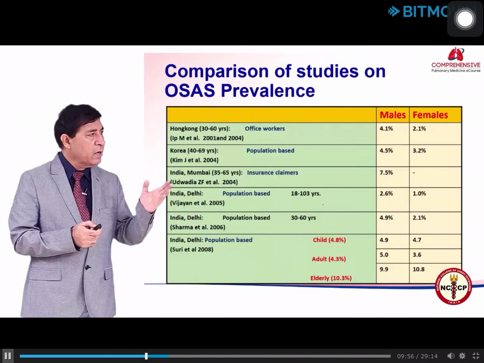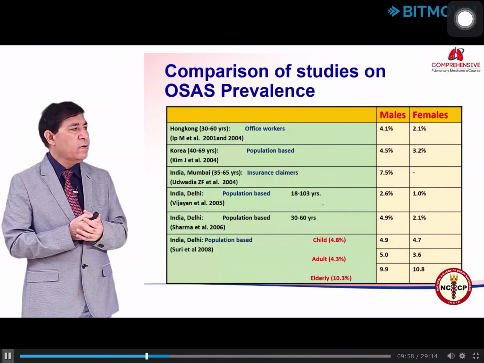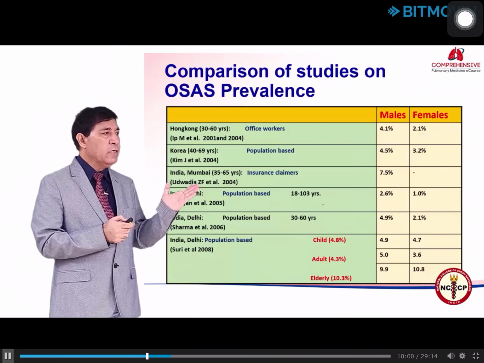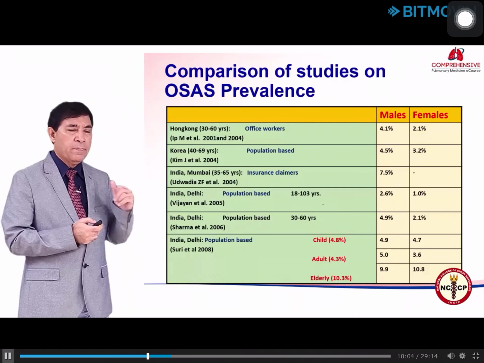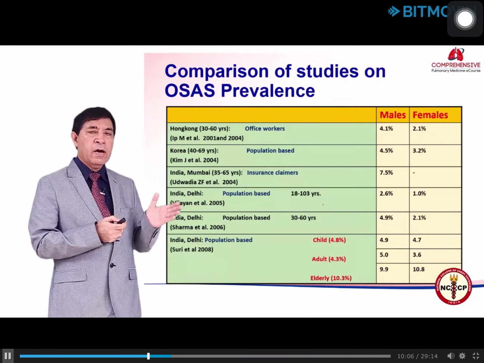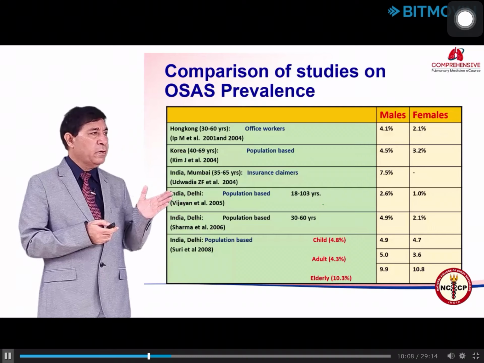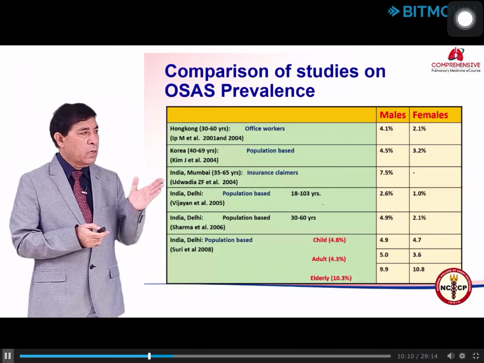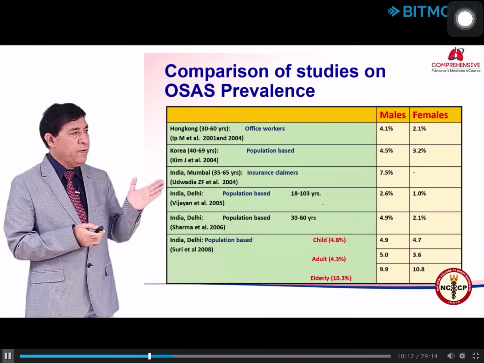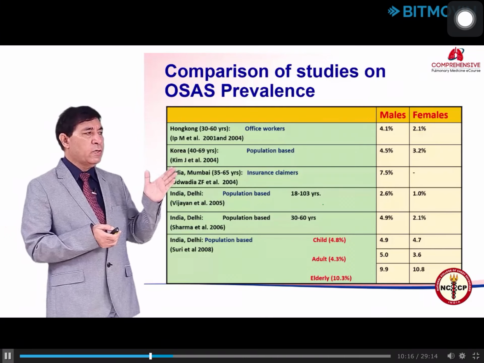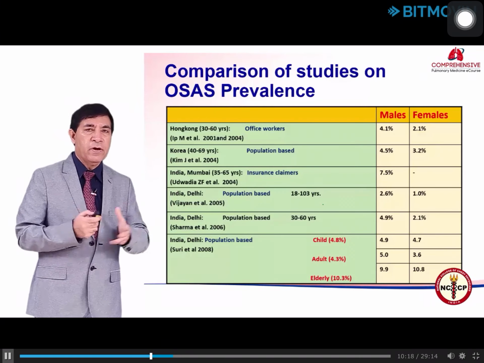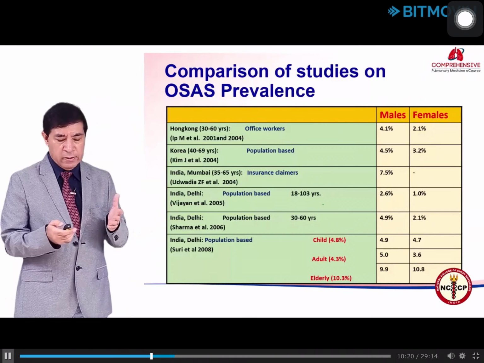In India, we have done some studies and we have found that the disease prevalence is around 5% in children, 5% in adults, and in the elderly about 9.9%. There is a male-female difference in the adult population, but in children and the elderly there is no significant difference between males and females.